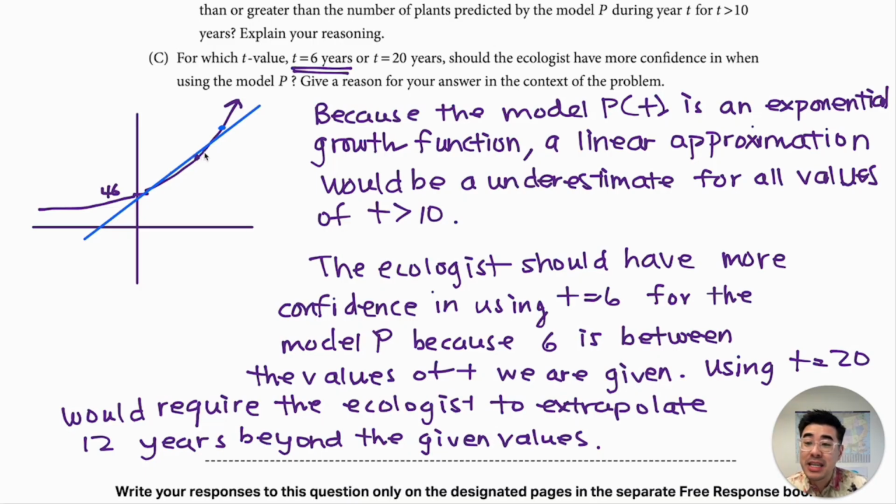And because an exponential function increases at an increasing rate, a point estimation that's really far off from the points that we're given would not be close to our secant line, because our secant line has a constant rate of change. So for this question, maybe mentioning something along the lines of rate, concavity, increasing rate would be enough to get you the point for this question.